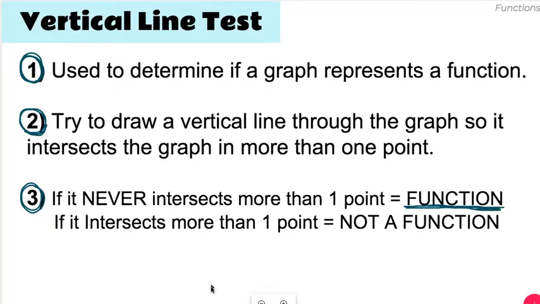Now, if you can draw a line and hit more than 1 point, it fails and is not a function. This is something that you'll hear a lot throughout high school, the vertical line test. And again, we're going to take a look at examples of each of these 3 things.